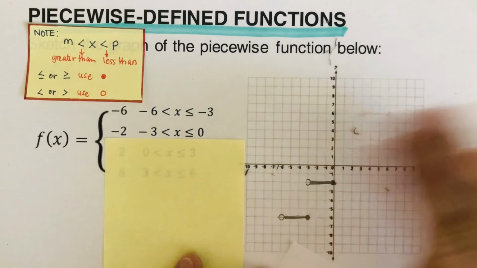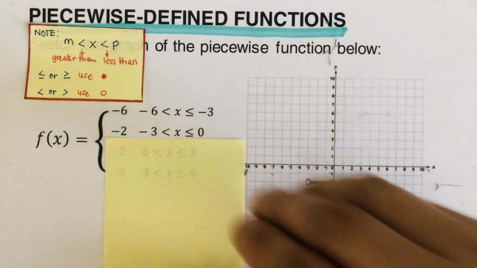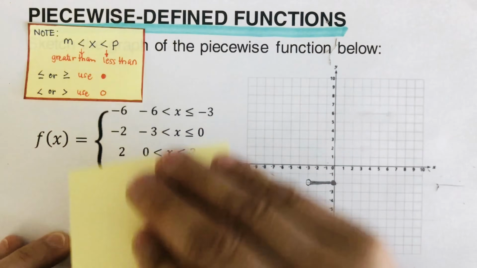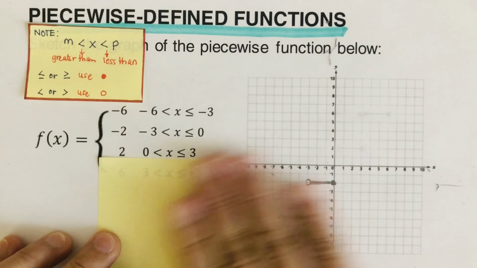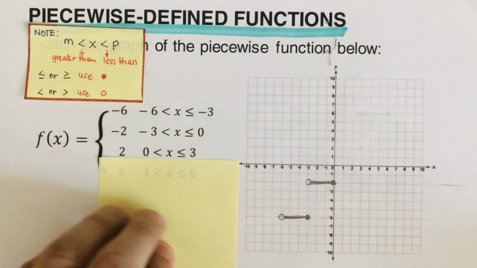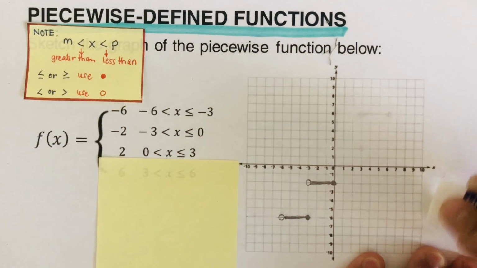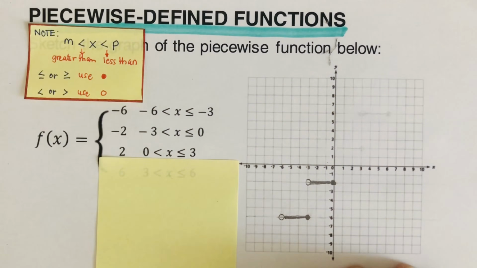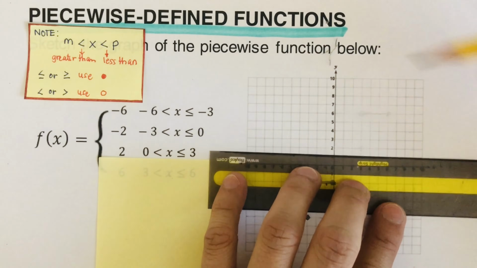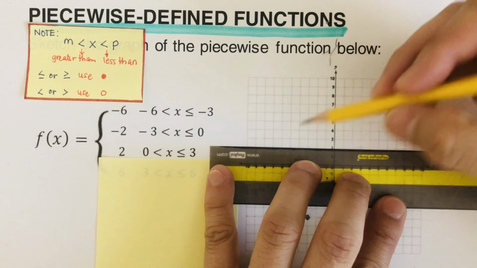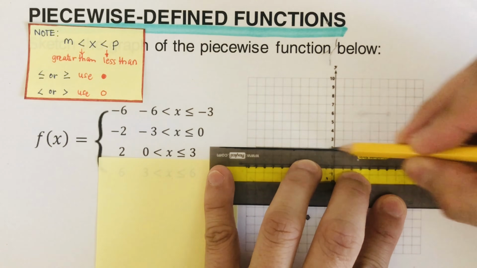Let's move on to the next one. We have f of x is equal to 2, so we draw a line on y equals 2. It's going to be a horizontal line right here on y is equal to 2.